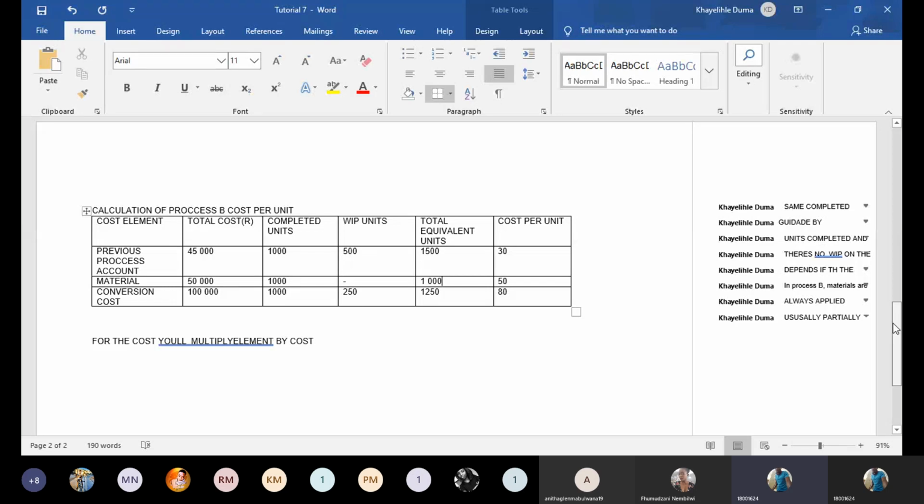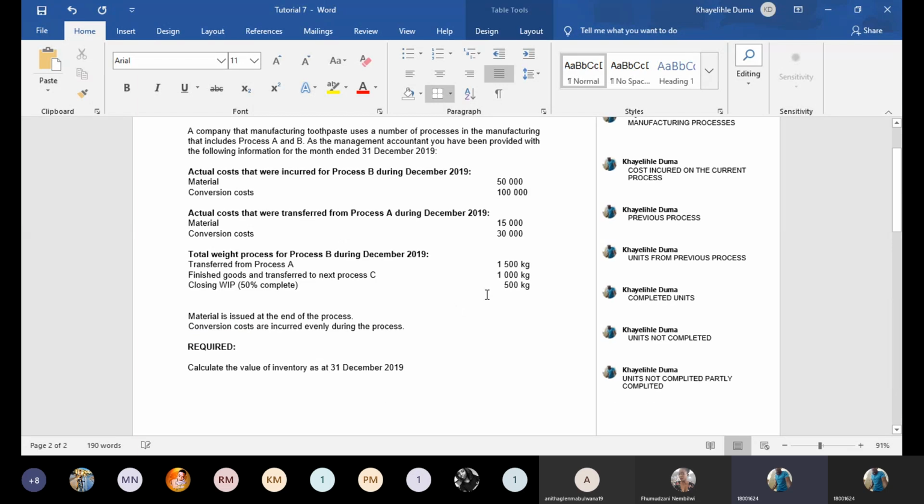Information says that for the closing work in process, we have 500 kgs that are in work in process, right? And then they tell you that they are 50% complete. So because now we are talking about labor, electricity and everything, we have to consider that these things are 50% complete. We do have 500, but 50% of these things are complete.